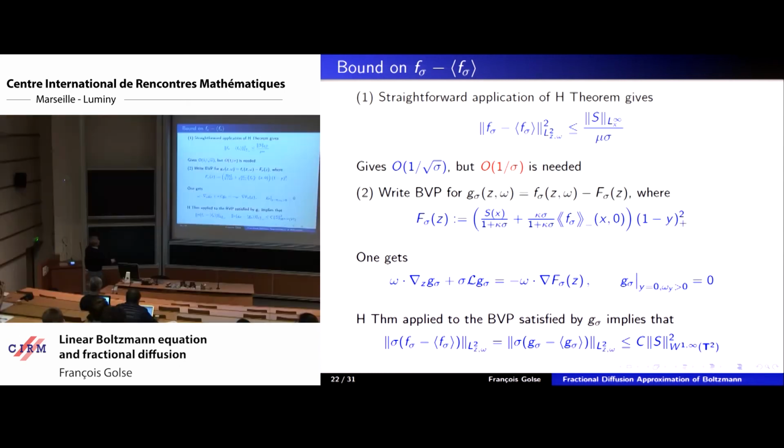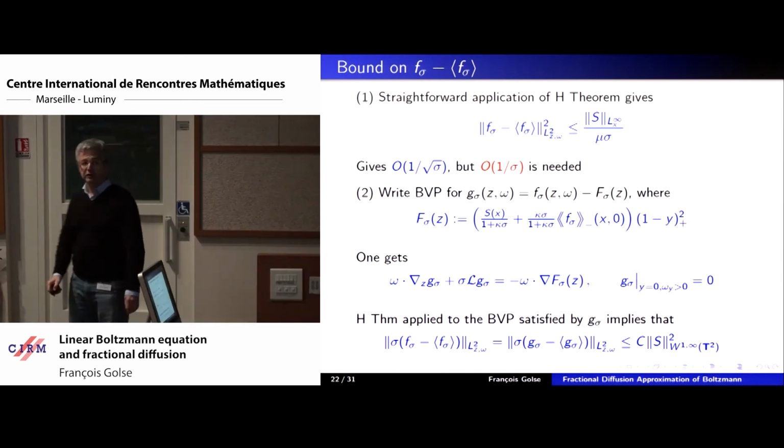And so this new function g sigma satisfies the same Boltzmann equation as before, except that it has a source term, and on the boundary, the boundary data is equal to 0, right? So if you want, you have traded the non-zero boundary data for something which is on the right-hand side. But that thing on the right-hand side has a special structure. You see immediately that it's a function of z times omega.